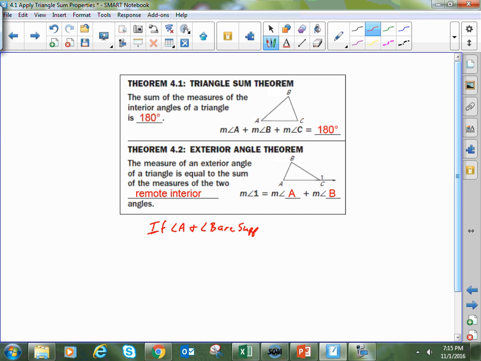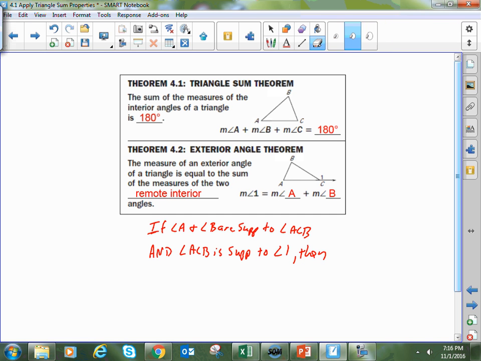are supplementary to angle ACB, and at the same time, angle ACB is supplementary to angle 1, then you can conclude, and I know I don't have the greatest handwriting, but even for me that was a bad word.